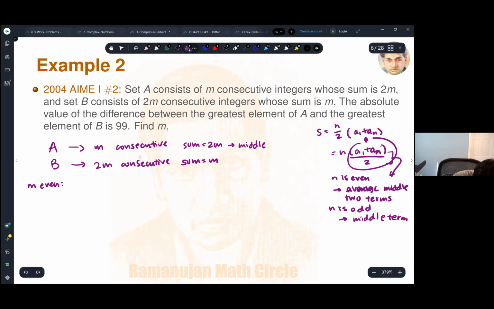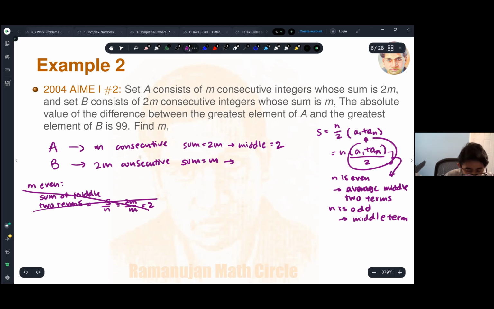In that case, the sum of the middle two terms is equal to s over n, and that's equal to 2m over m, which is 2. But unfortunately, there aren't any consecutive integers that sum to 2, so this is wrong. So that means m is probably odd, and the middle term is equal to 2.